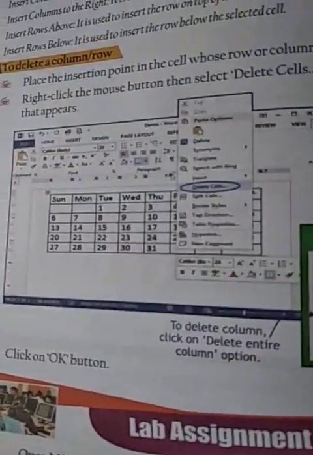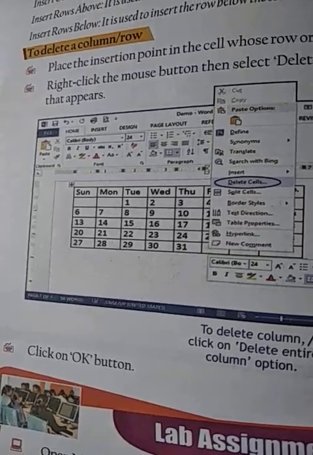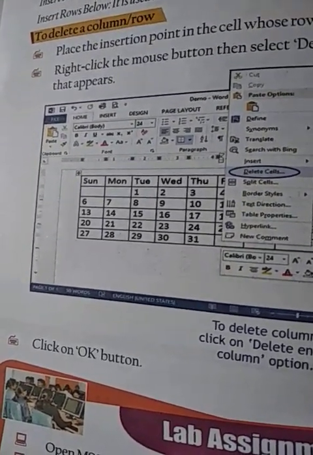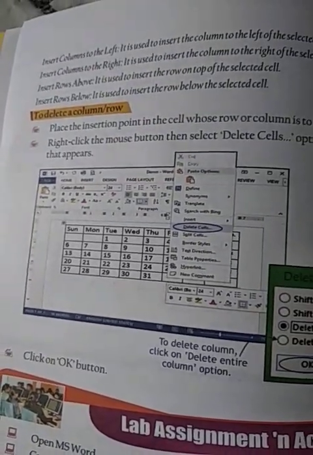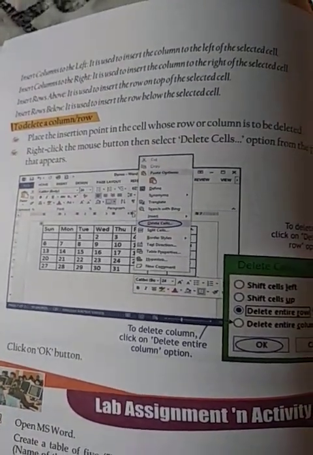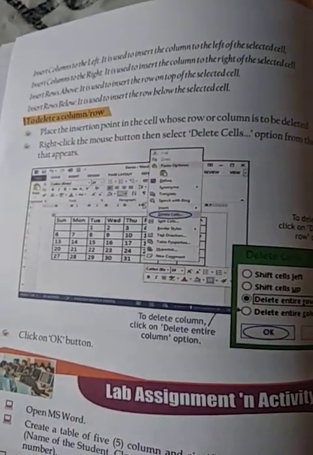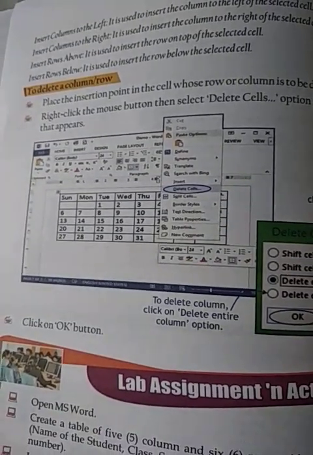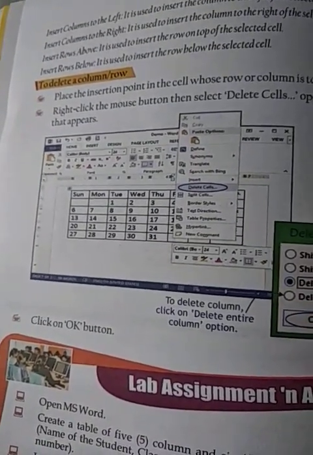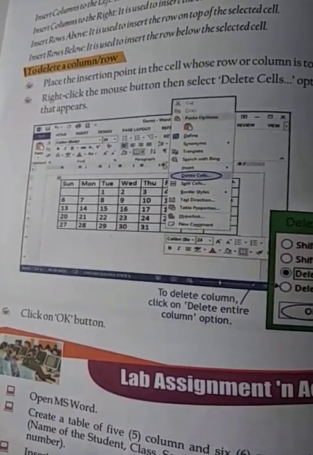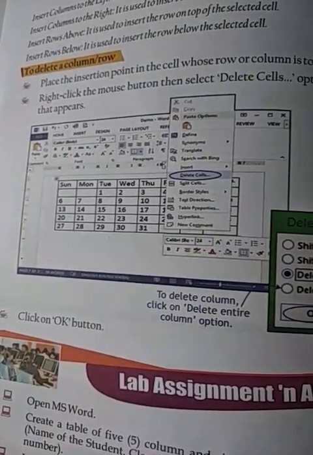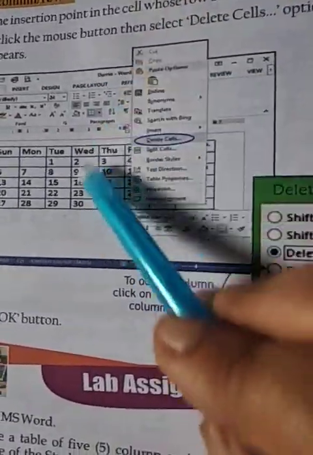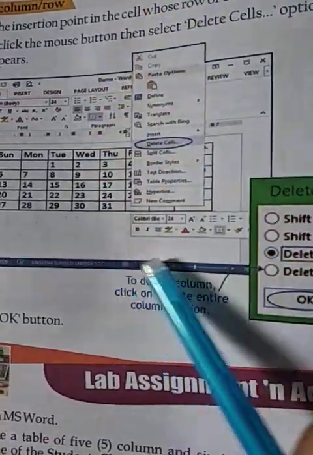Now if we want to delete a particular row or a column, what do we have to do? In this case, place the insertion point in the cell where the row or column is to be deleted. Place our cursor where we want to delete. Now right click on the mouse button, and this menu will again come.